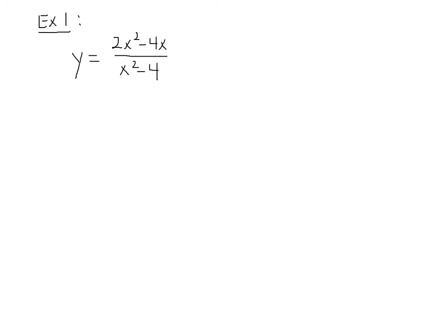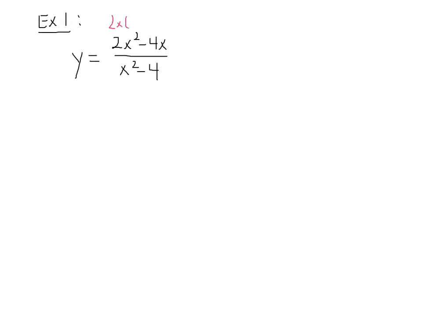Alright, so in our first example we have y equals 2x squared minus 4x divided by x squared minus 4. The first thing you're going to do is factor it. Now in the numerator, what I notice is that it has a common factor of 2x. I can divide everything by 2x.